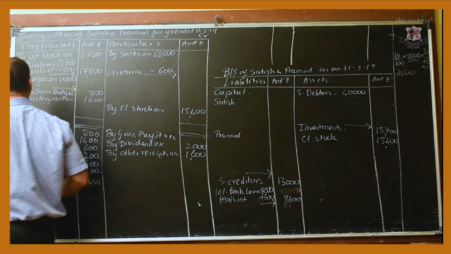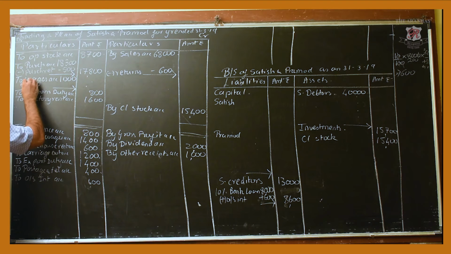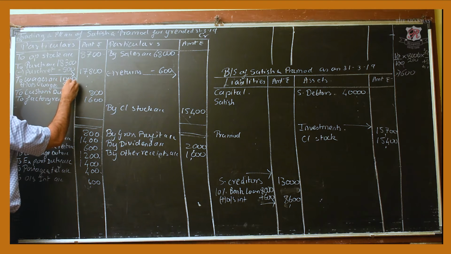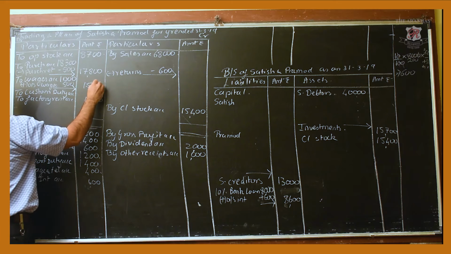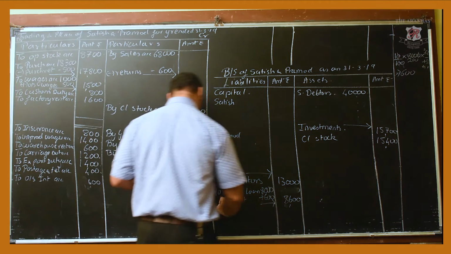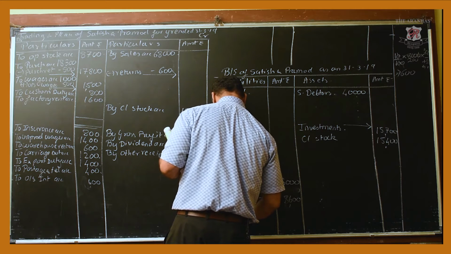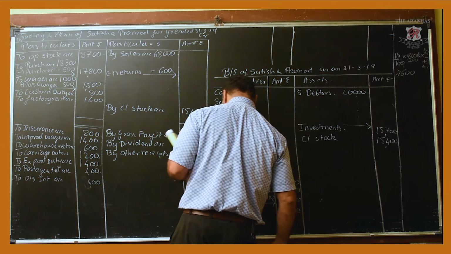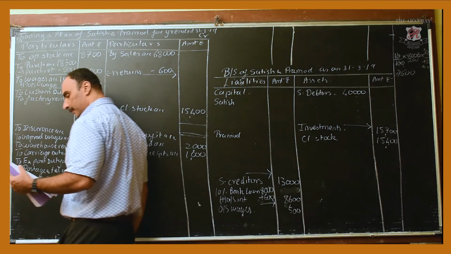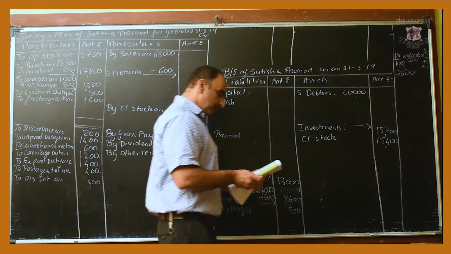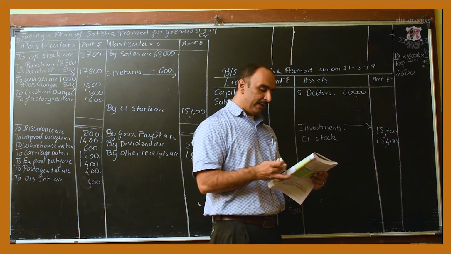So I will add to my wages, outstanding wages 500 rupees. So outside we will get 1,500 rupees. And on the liability side of the balance sheet, we will record outstanding wages 500 rupees.